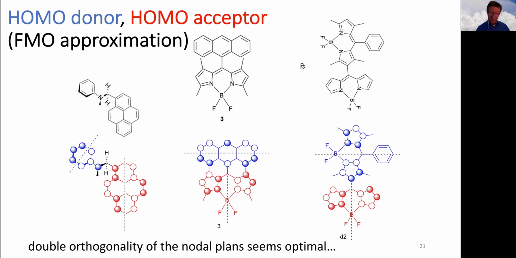And you see that they have a very specific nodal plane orientation. So it appears that we not only need orthogonal donor and acceptor systems, but also a secondary orthogonality of the nodal planes of the respective orbitals. And this is intriguing, but we still have to work on that.